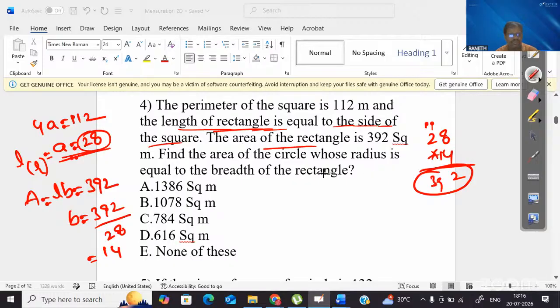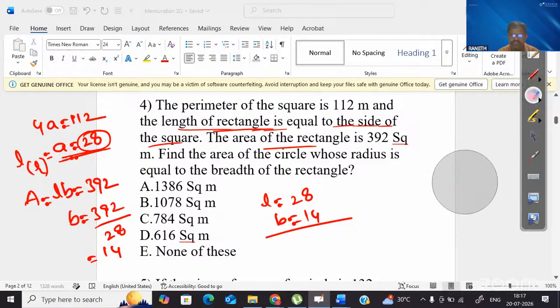So I got l equal to 28 and b equal to 14. So finally what is asked? Find the area of the circle.